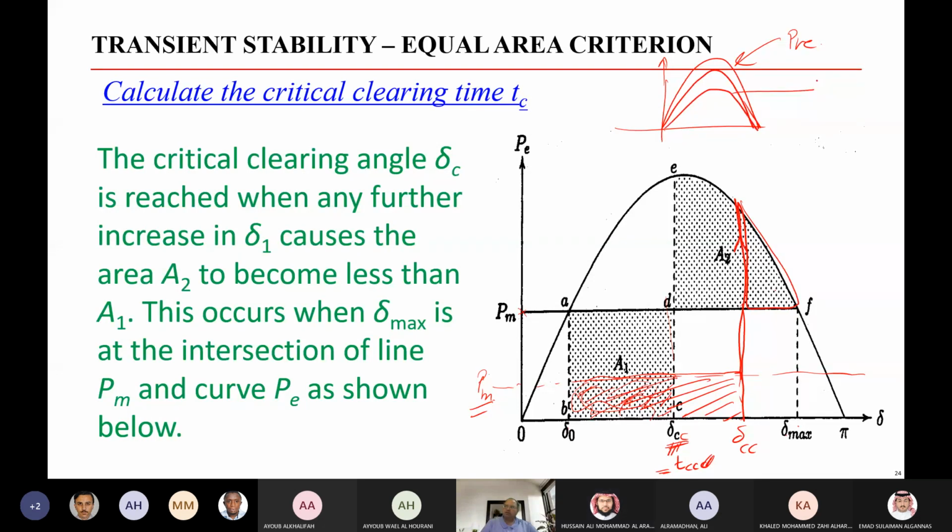Even during fault it could be a single line to ground fault or a fault at the midpoint of the line, and therefore some of the power is transferred during the fault. So if this is the operating point here, and it comes here to the during-fault curve and continues, maybe the acceleration area will be less, and you can have more than 90 degrees. Under different cases you can have this situation.